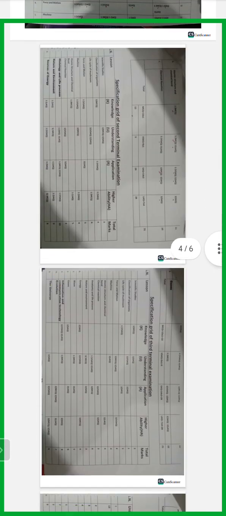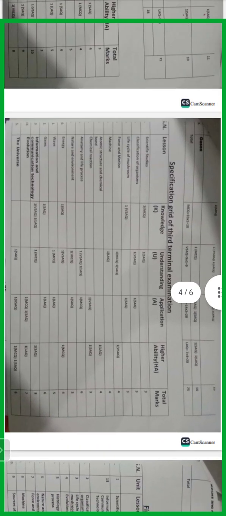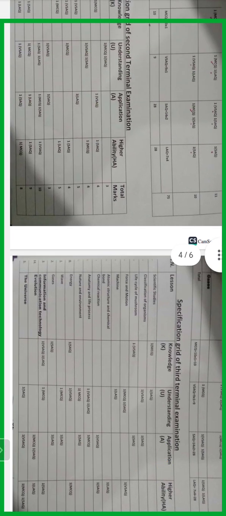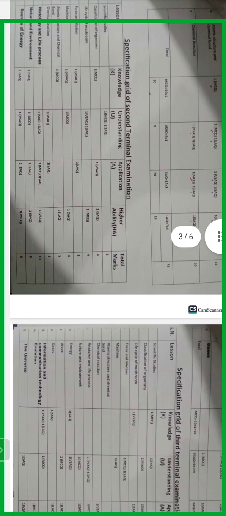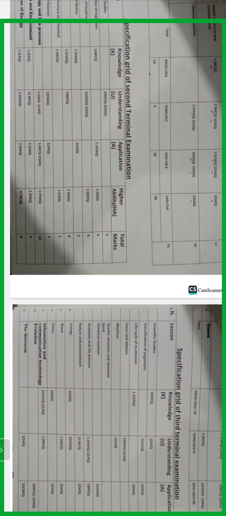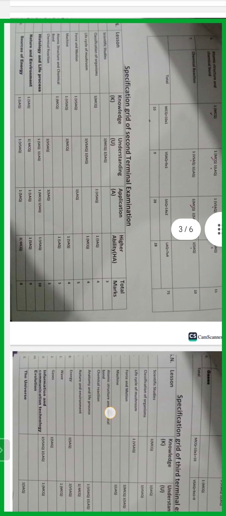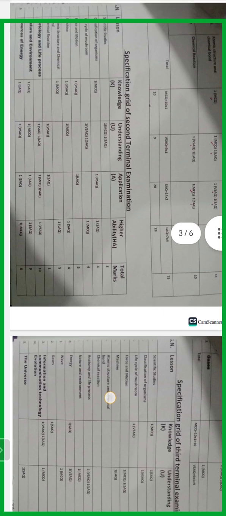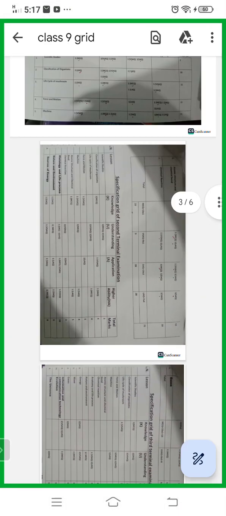And maximum marks is 10 marks from gases and waves, this is equal, and 10 marks from histology and life processes, and nature and gases and waves, 10 marks come. And after that maximum is 9 marks from nature and environment, and source of energy 8 marks. And in previous also it came, okay.